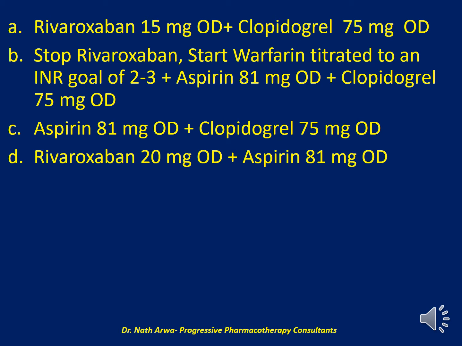Or would you settle for 81 milligrams of aspirin once a day and clopidogrel at a dose of 75 milligrams orally once daily? Or would you opt for 20 milligrams of rivaroxaban once daily, co-administered with 81 milligrams of aspirin once daily? I will give you 10 seconds to choose the correct answer.